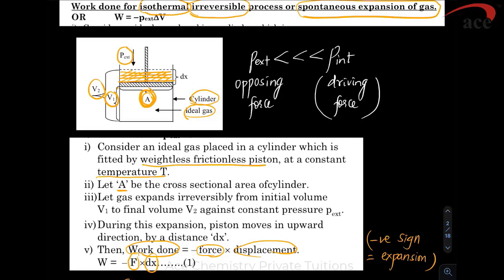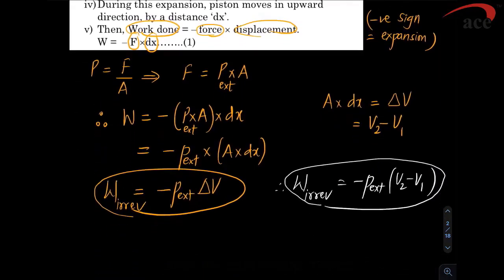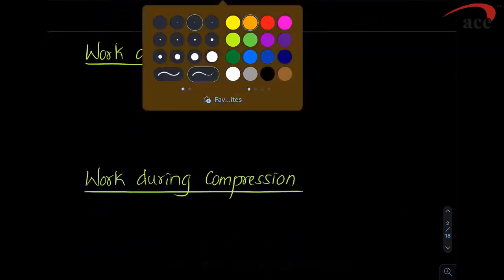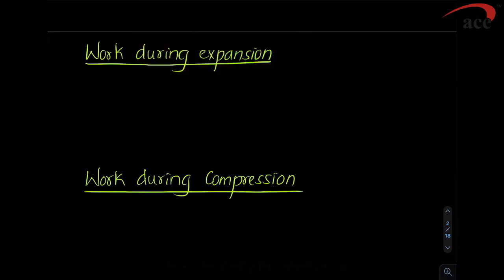Therefore, on that ground we consider this process as an irreversible process. More to that discussion, what is the formula for work done during expansion, and what is the formula for work done during compression? The formula always remains the same. We don't change the formula.